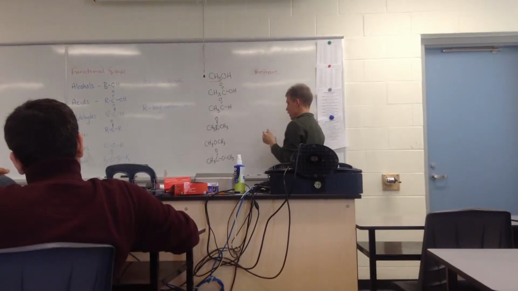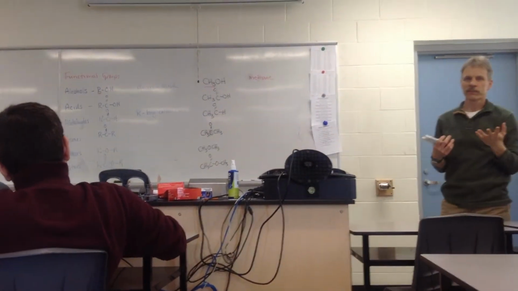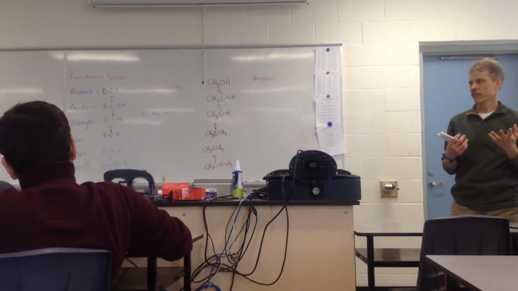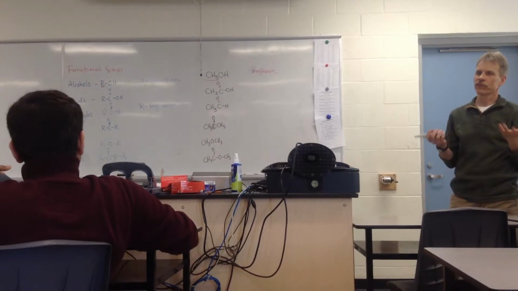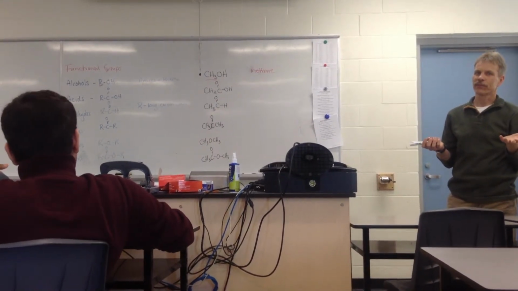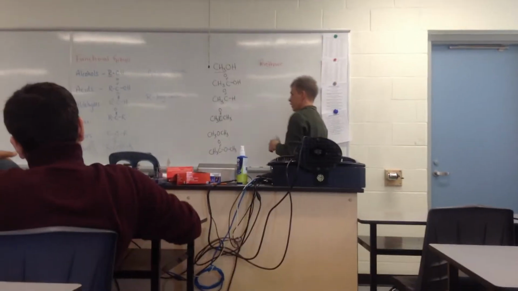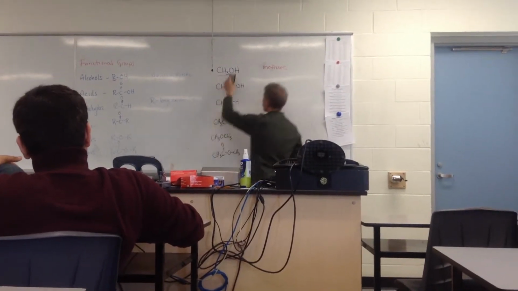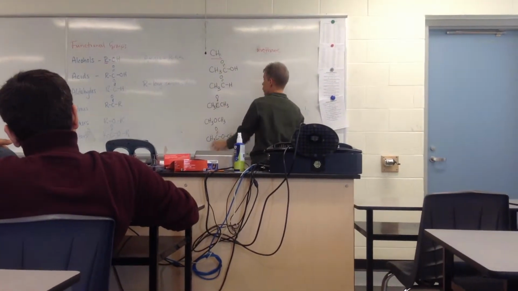If you say methane, that means that you don't have a functional group. If I say to you what's methane, you go CH4. Okay? So if I said methane, you would have CH4.